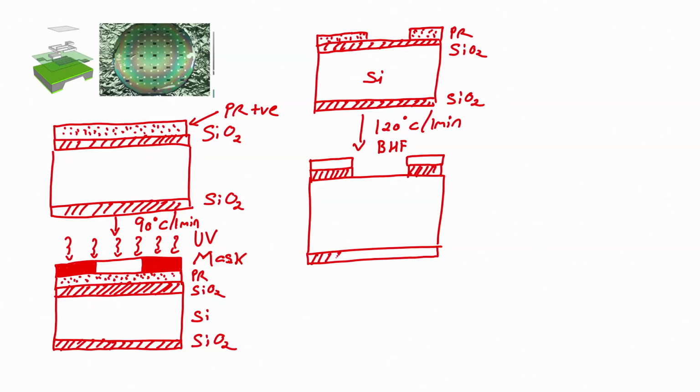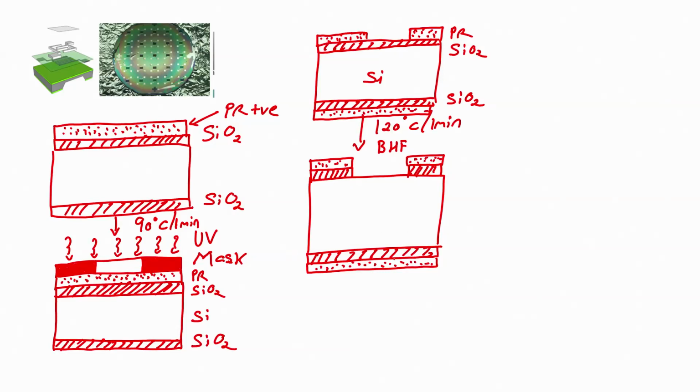Now, if you see, it should get etched on both the sides, right. So, what I will do is, after PR developer and before hard bake, I will spin coat photoresist on the back side also, and then perform hard baking. Then we will go for BHF.